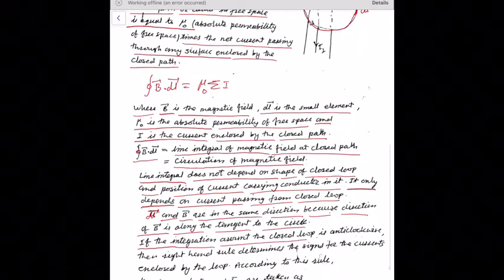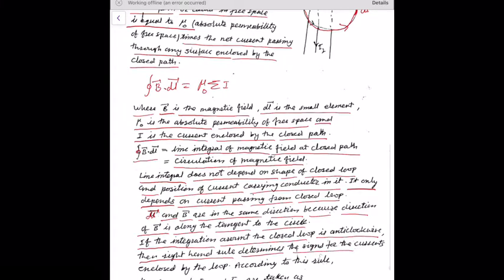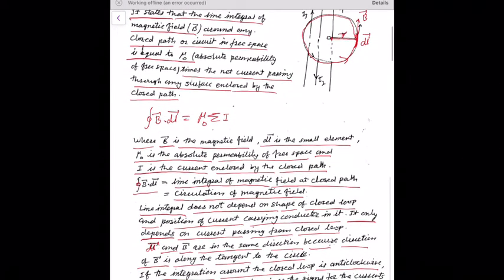If the integration around the closed loop is in the anti-clockwise direction, as here in the diagram, then the right hand rule determines the sign for currents enclosed by the loop.